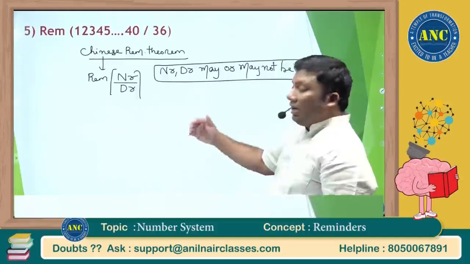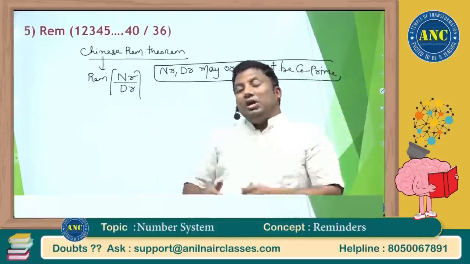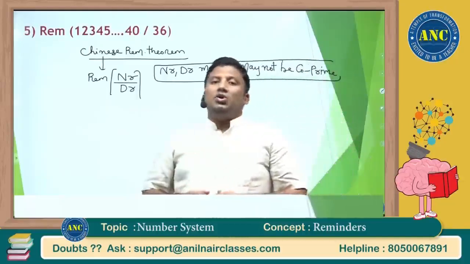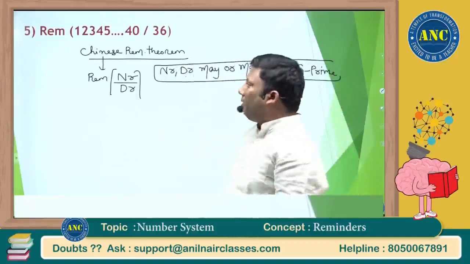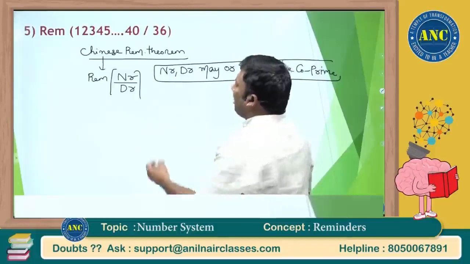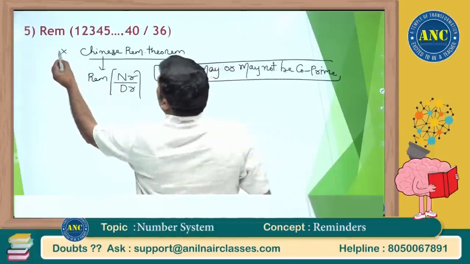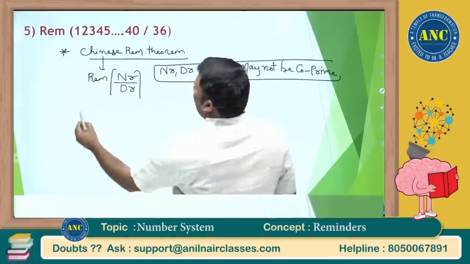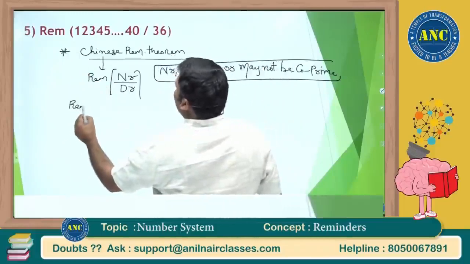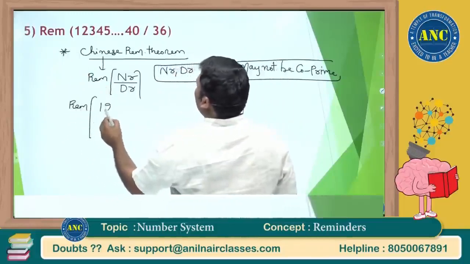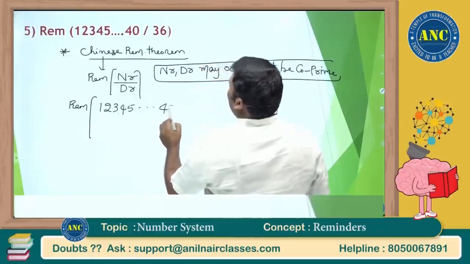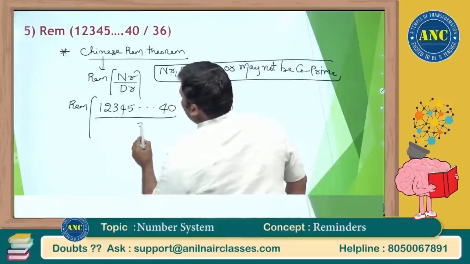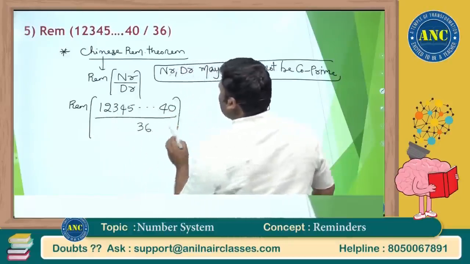Now if you see, the Chinese remainder theorem is not only used when the numerator and denominator are coprime, even if they are not coprime, we can use this logic. That is exactly the reason this fifth question is mentioned. The question is 1, 2, 3, 4, 5 and so on up to 40, which is an even number, divided by 36.